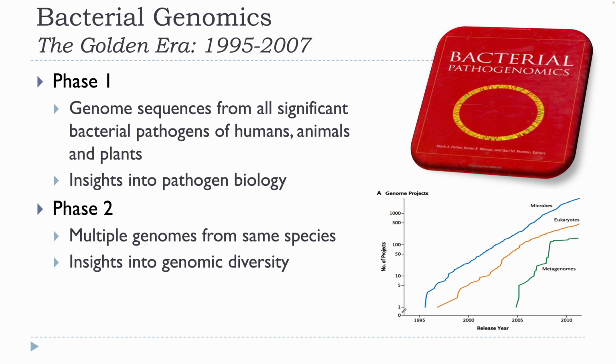And for many other pathogens, many other organisms, a much larger percentage of the genes became available only through genome sequencing. Second phase, we started getting multiple genomes from the same species, and we started to realise that there was tremendous genomic diversity even within the same species of bacterium.